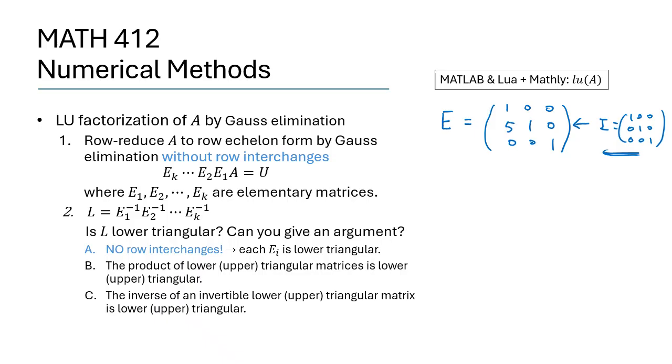How about to the third row? Yes, as you can tell, that will be this, the corresponding elementary matrix. If it's the second row of a matrix, you want to multiply the second row by 7 and add it to the third row, you get this.